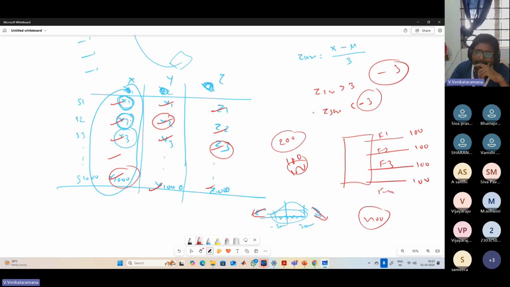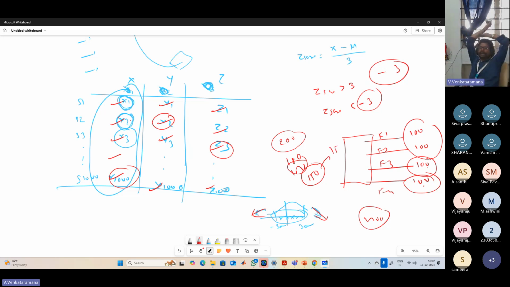They told us that at that time, out of 4 feeders, 2 feeders were disconnected because of some problem or outage. There was no power to those 2 areas, so the load was only 150 megawatt. That's why we were getting Z scores below minus 3.